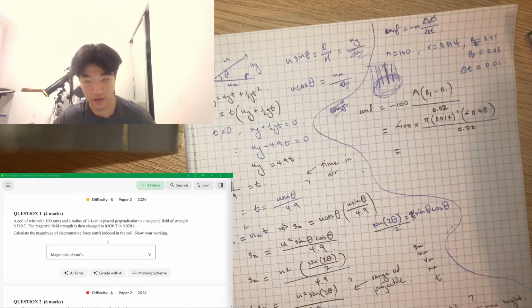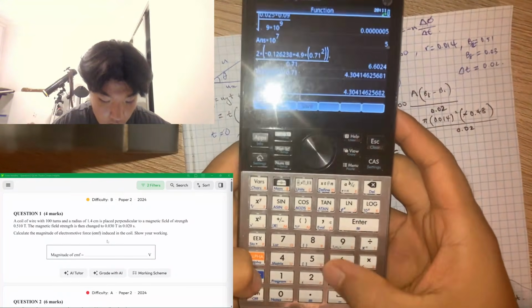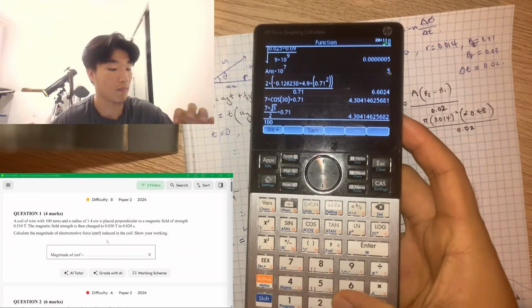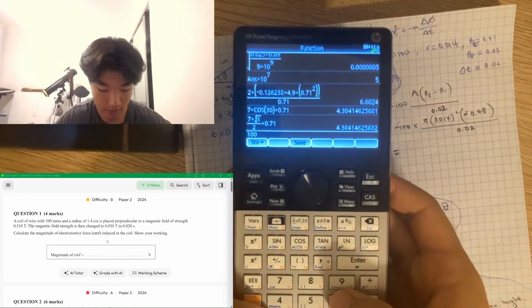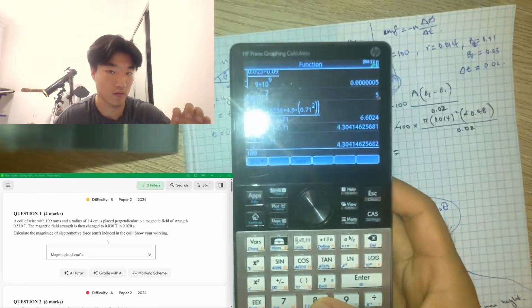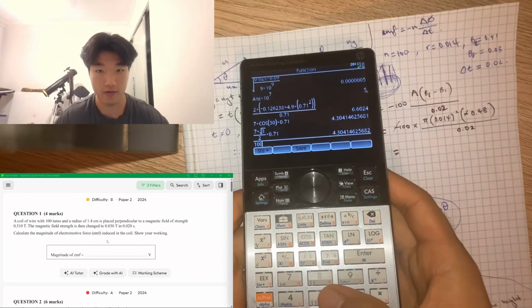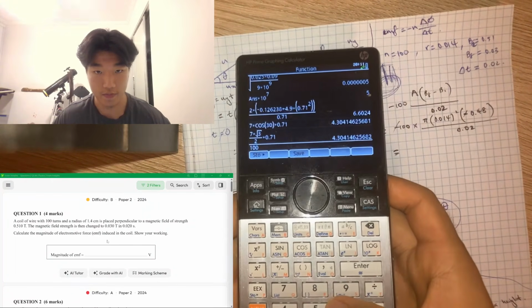Now we should get the magnitude after subbing the values in. I will disable this because the calculator is not easily visible. Actually, I'll angle it up. Maybe that's a smart idea.